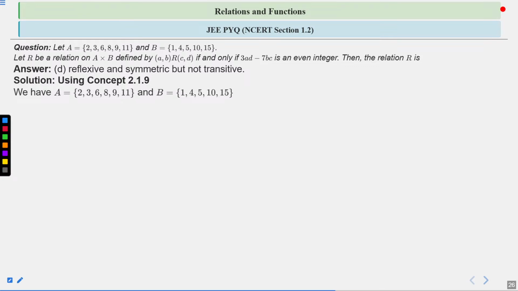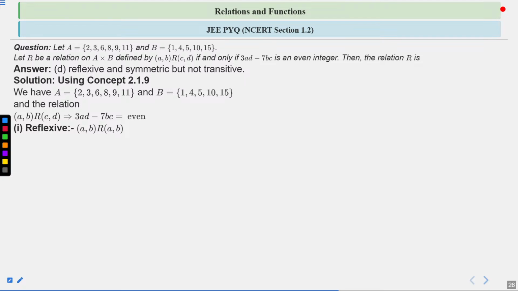See, we have set A with 2, 3, 6, 8, 9, 11, and set B with 1, 4, 5, 10, 15. And the relation is (a,b) related to (c,d) if and only when 3ad minus 7bc is even. So let us check for reflexive.